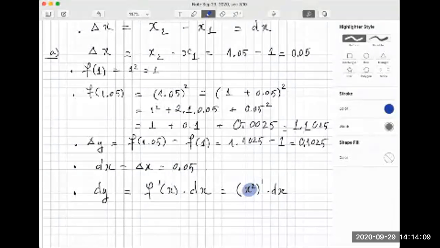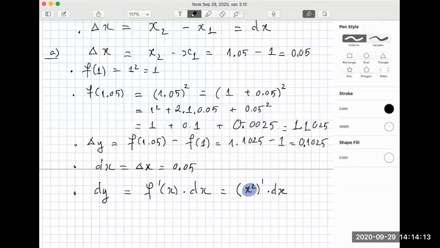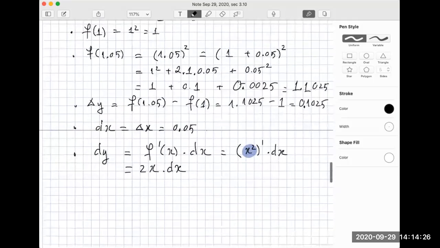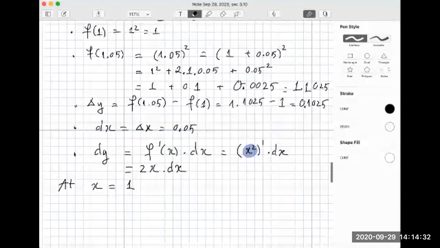What is the derivative of x squared? 2x. Yes, thank you. 2x dx, very good. So this is the general form. Then we need to evaluate at the specific point at x is equal to 1, right?